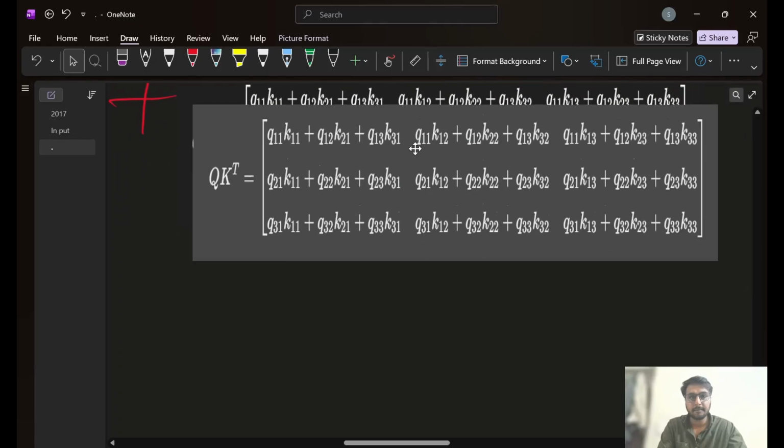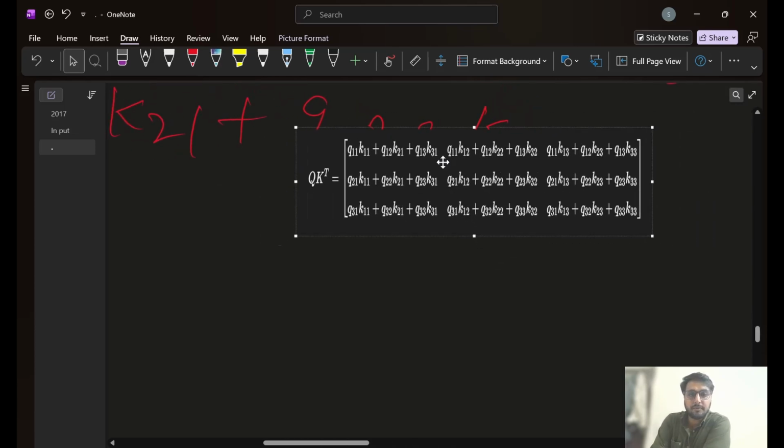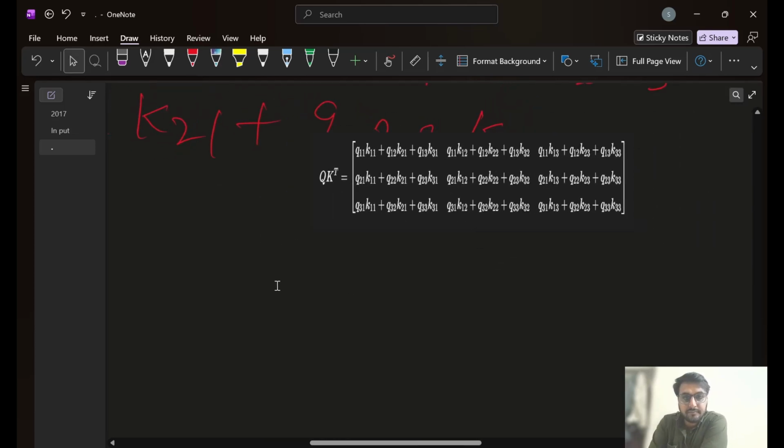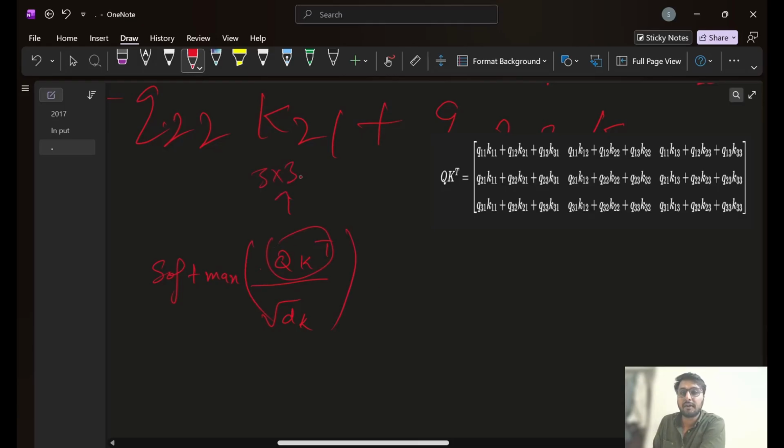So we get our query key transpose multiplication. Then I want you to understand softmax. This part is also a 3 by 3 matrix.